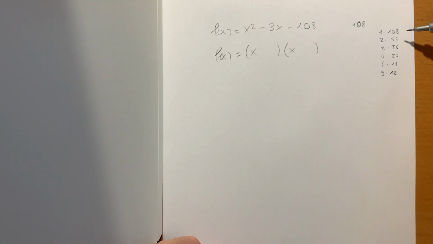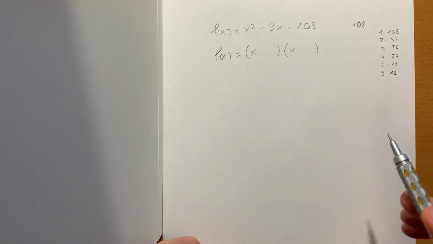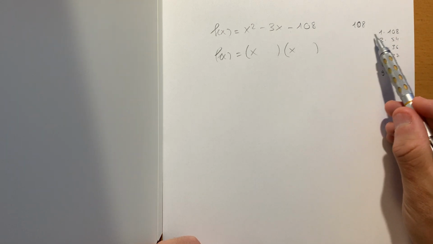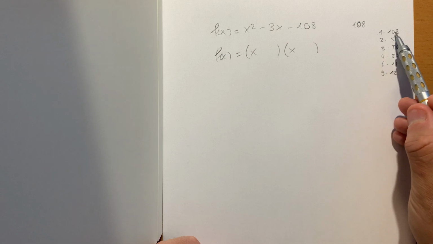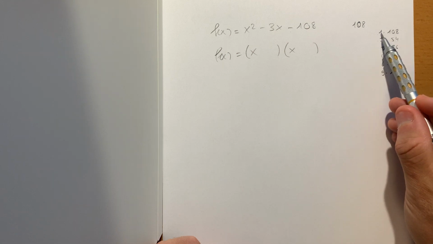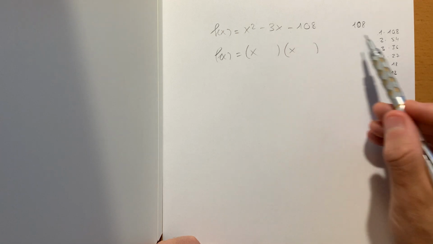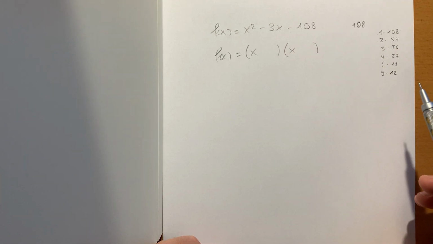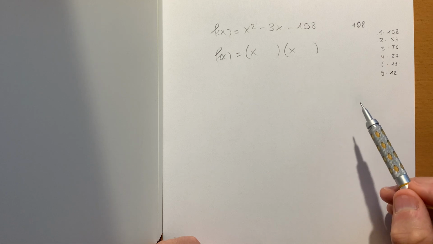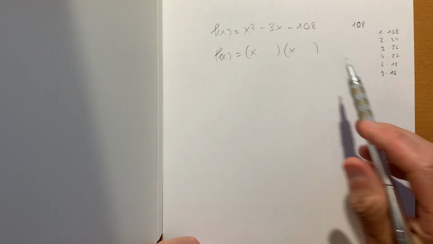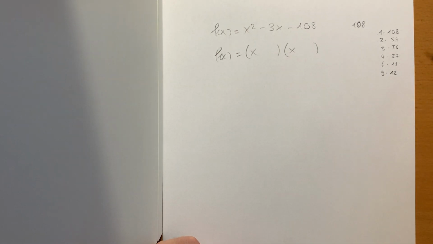Well, so you have 12 options, in fact, because each and every time this could be negative and this positive, or this positive and this negative, because it has to be minus 108. One of the two has to be negative. But then when you add them up, you need to get minus 3. And now it's quite easy to find the right solution.